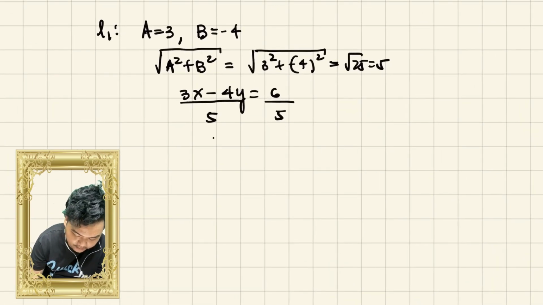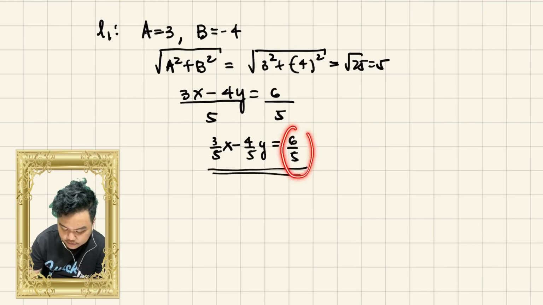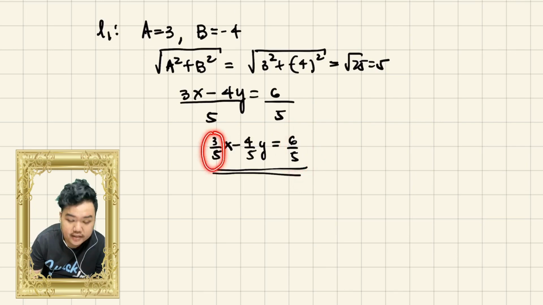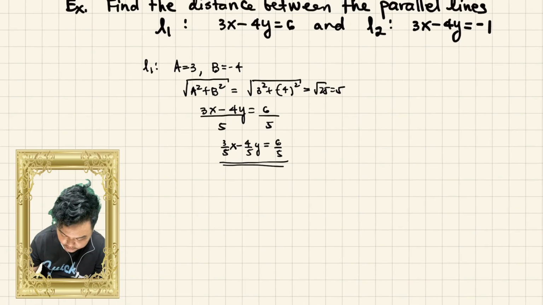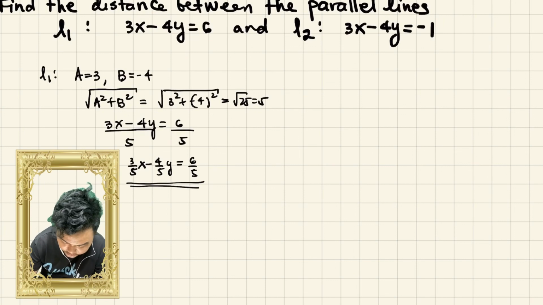So, ang normal form is 3/5 x minus 4/5 y equal to 6/5. Okay? So, ibig sabihin, ito yung distansya ng line mo sa origin. Tapos, positive yung x-intercept, negative yung y-intercept. So, mamaya, i-graph natin yan para visual yung approach natin, no?